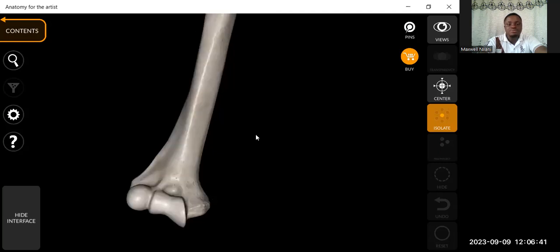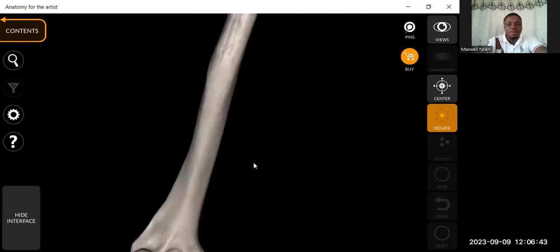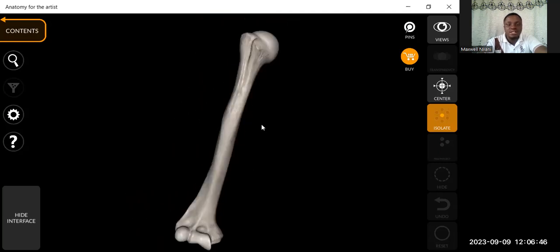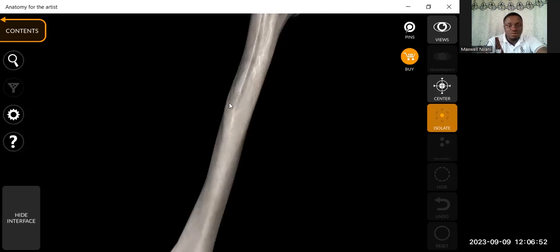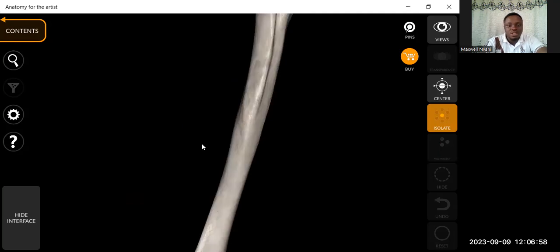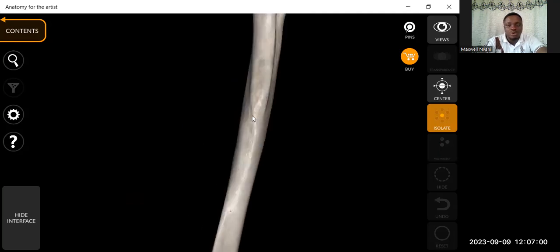Now, the anterolateral surface bears a tuberosity. You can see this rough portion right here. This rough portion is your deltoid tuberosity.